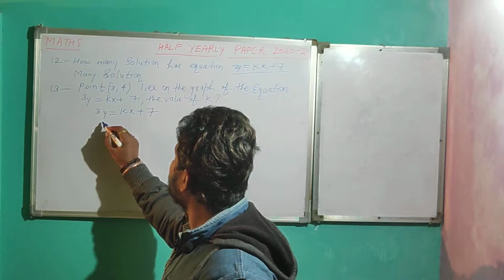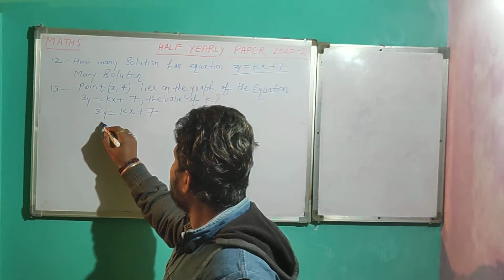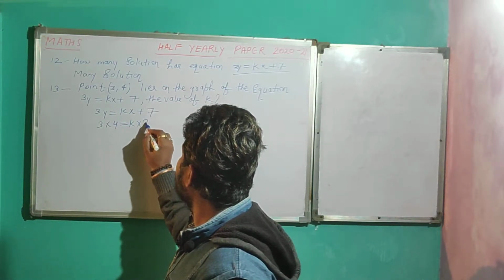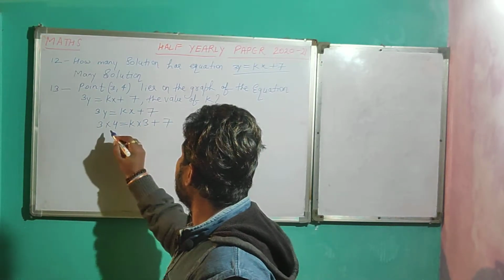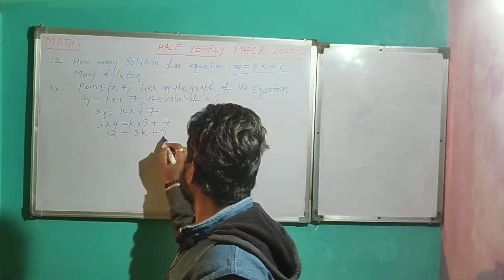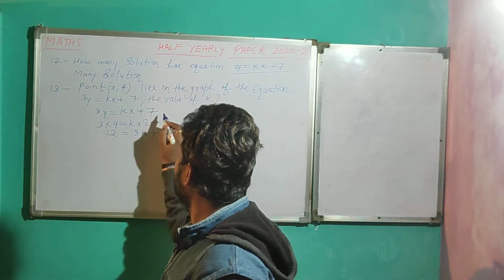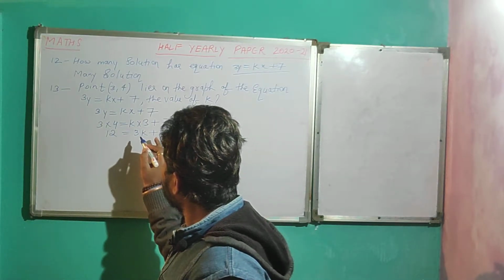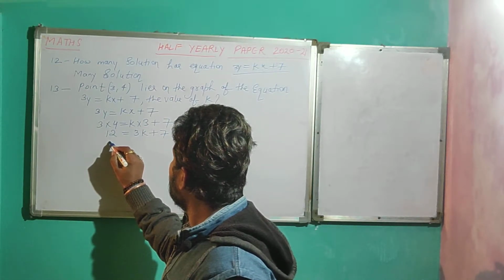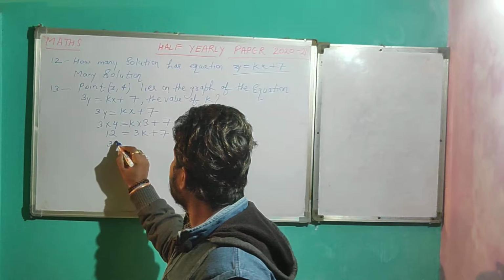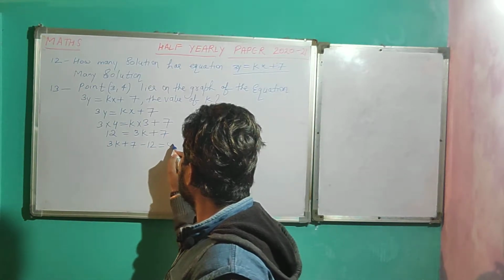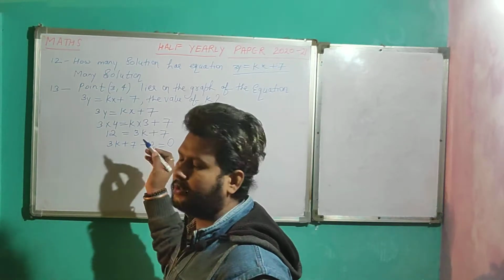Putting the point (3, 4) in 3y = kx + 7, the value of y is 4, so 4 times 3 is 12, which is equal to 3k + 7. Now, taking everything on one side, 3k + 7 - 12 = 0.